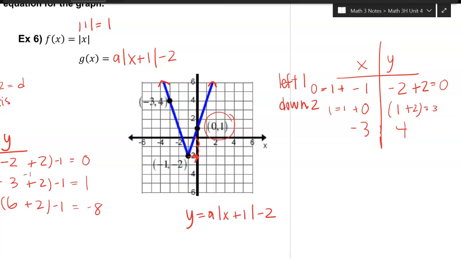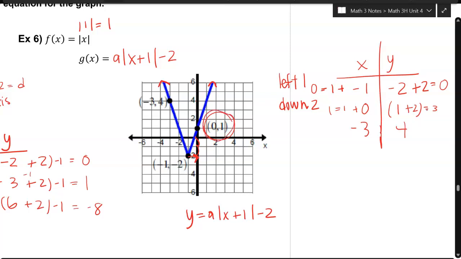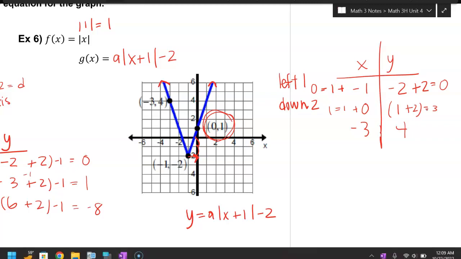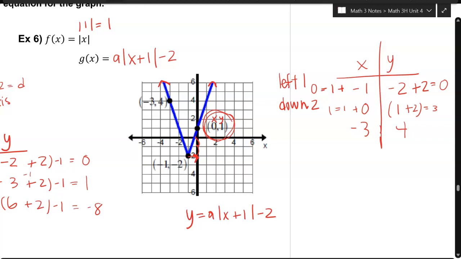Let's choose that 0, 1 point. That way our x is 0 and our y is 1. It makes it a little bit nicer to solve. But any of the points will work. And you just plug them in for x and y. Remember, this is x and that is y.